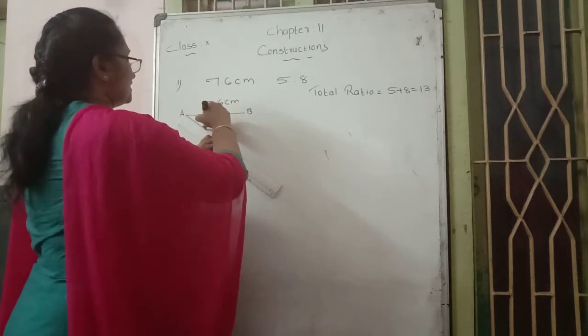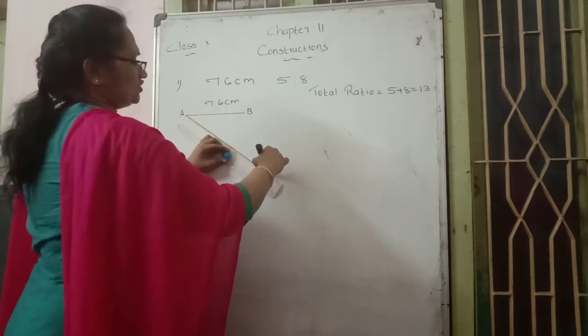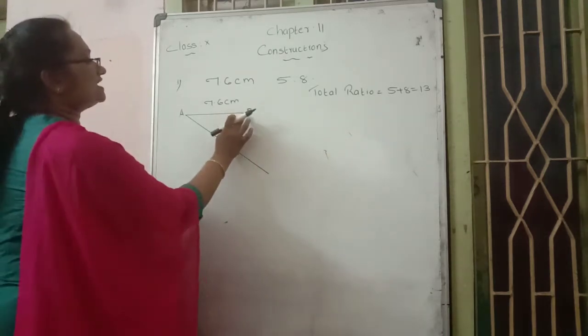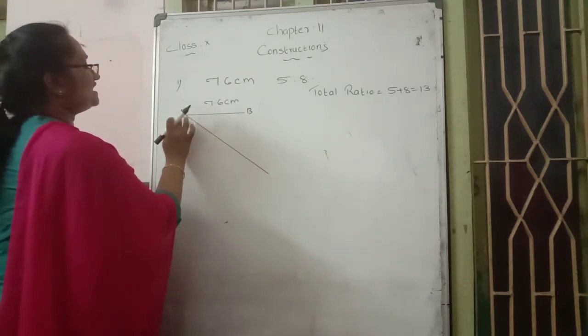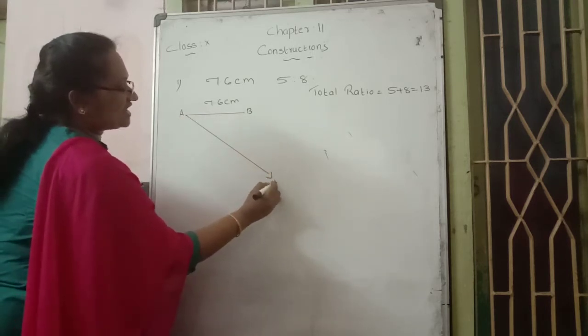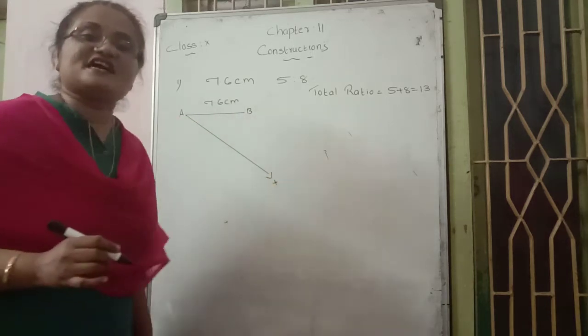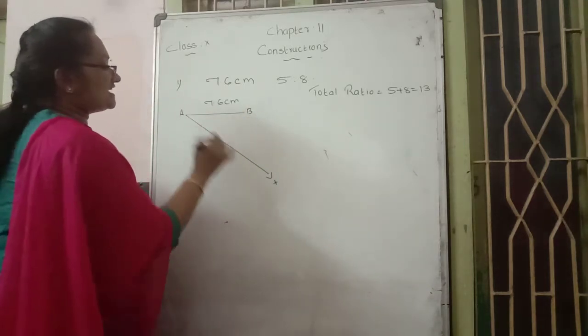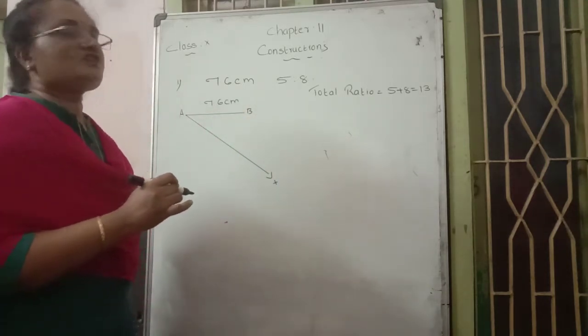An angle less than 90 degrees is called an acute angle. So from A, draw an acute angle like this. No measurement is needed, simply draw an acute angle. Name it BAX, where AX is a ray and BAX is an acute angle.